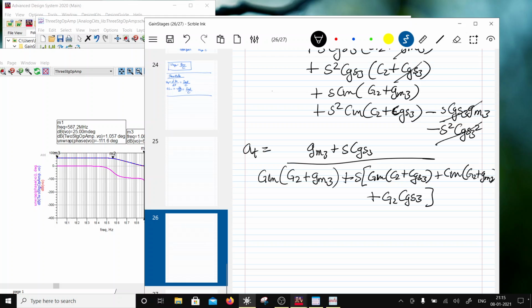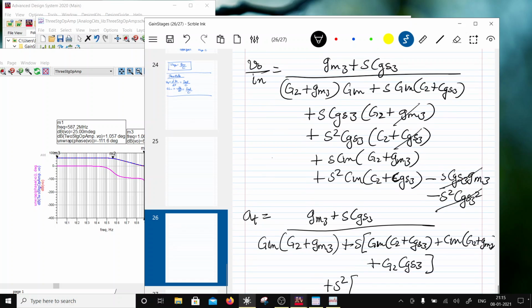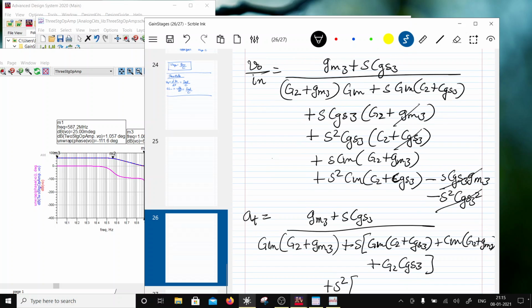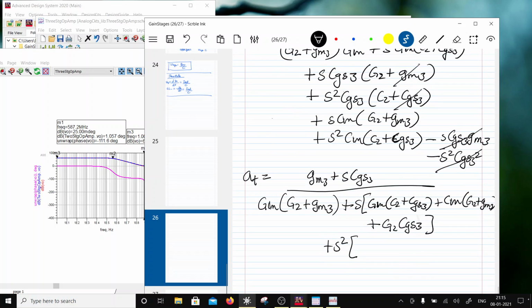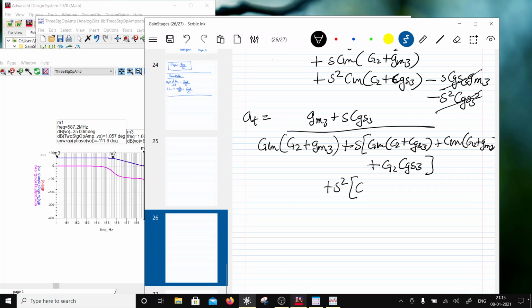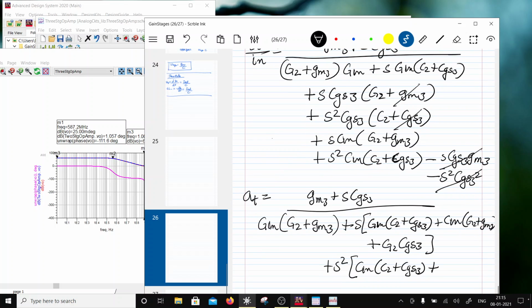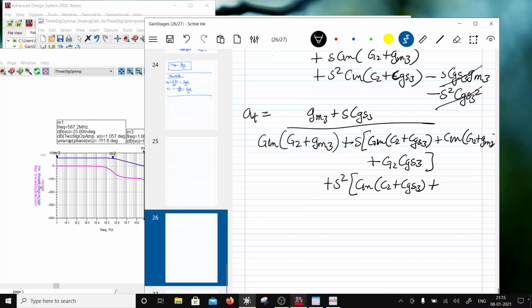So this is there, and plus S square terms. So square terms are going to be C in C2 plus CGS3 plus C2 CGS3. Okay, so this is a square term.